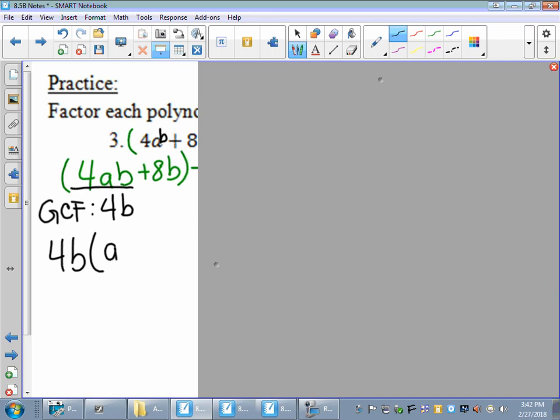Well, all I'm missing here is an a. And then 4b times what gets me to 8b? I would need to multiply that by 2. I reached my last term, so I can go ahead and close out my parentheses. And that is done.